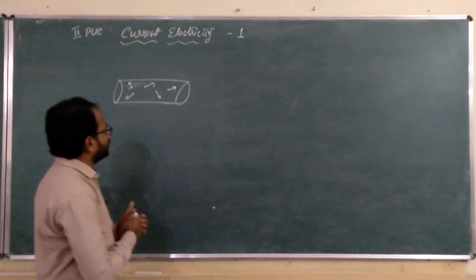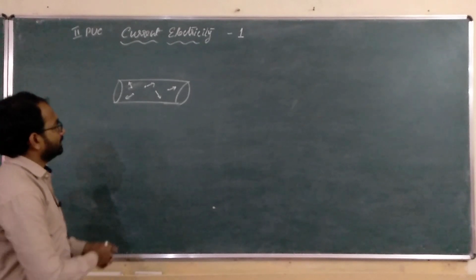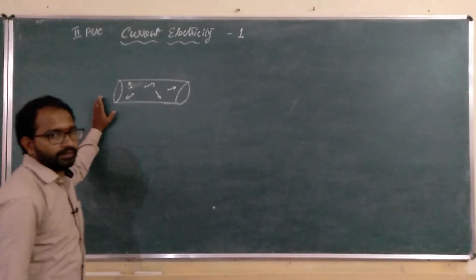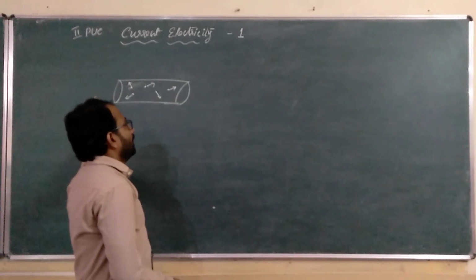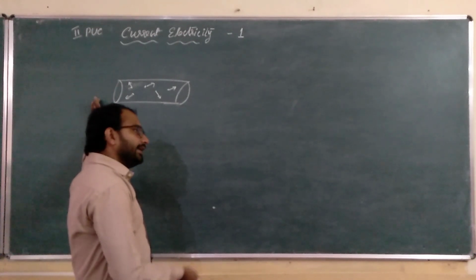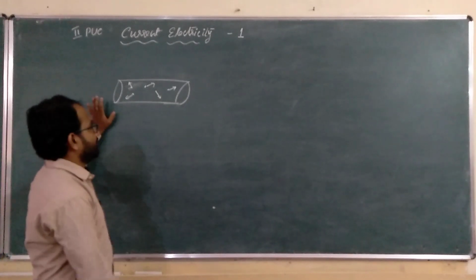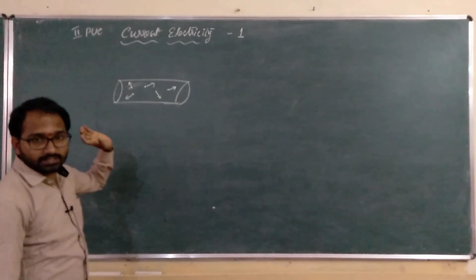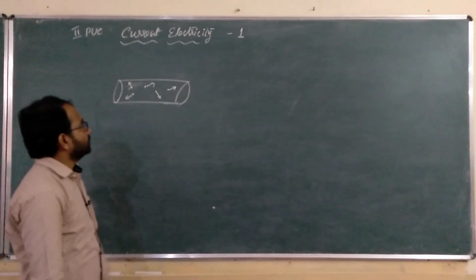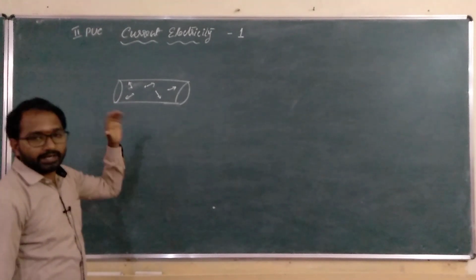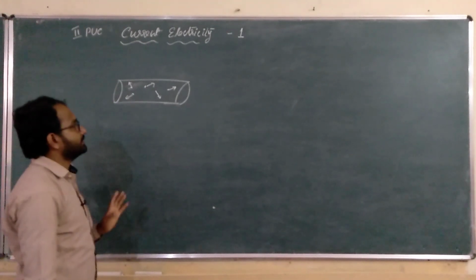So, what about the current? Is there a current without the application of any potential difference, without applying any electric field or without connecting it to a battery? Does the conductor carry any amount of current? No, since the electrons are in random motion, the net current is 0.